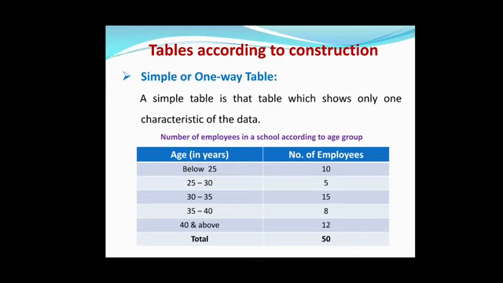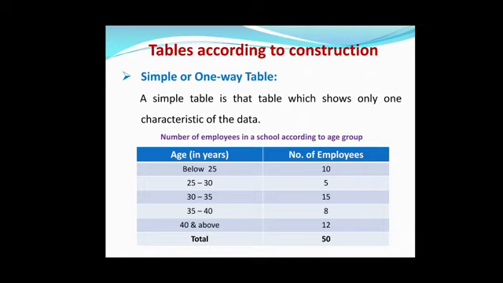Now coming to another classification of tables, that is the classification of tables according to construction. Dear students, according to construction, there are two important types of tables. One is simple or one-way table and second one is complex or manifold table.